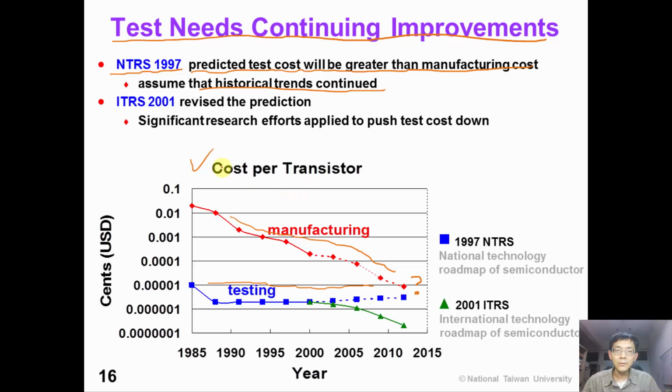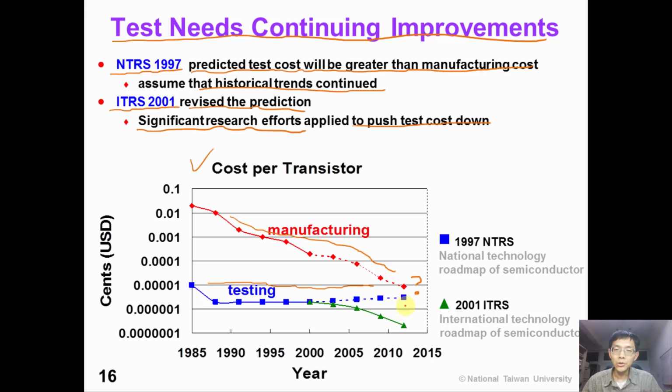So significant research efforts were applied to push down the test cost. So in the International Technology Roadmap of Semiconductor 2001 version, they revised the prediction.